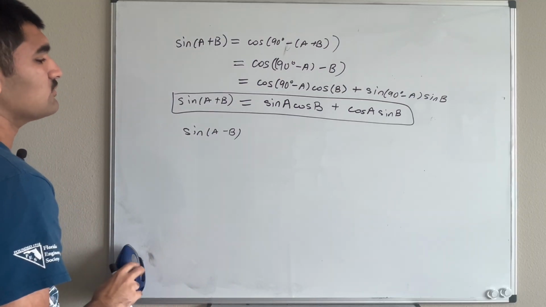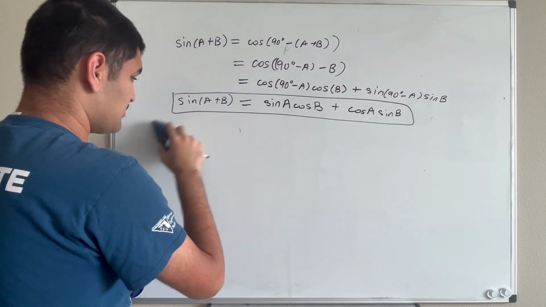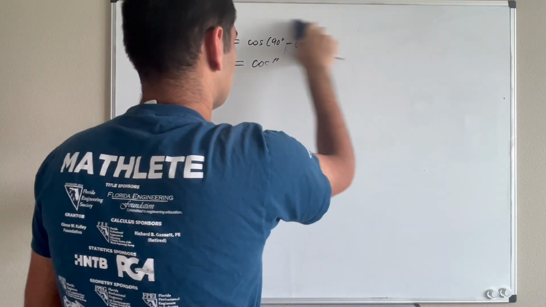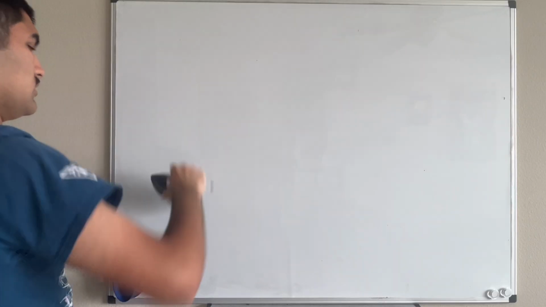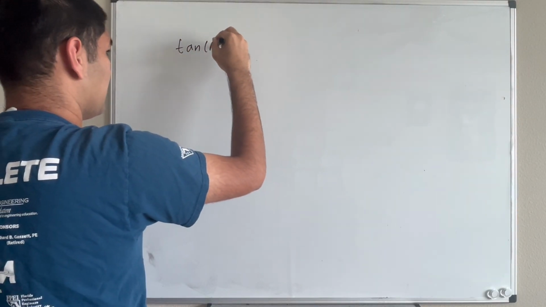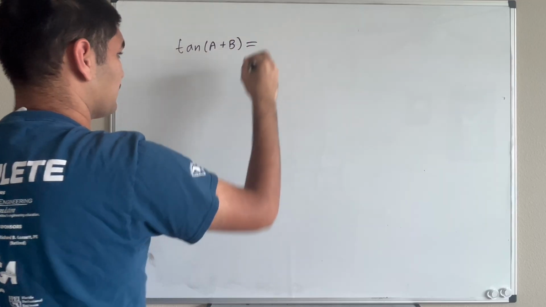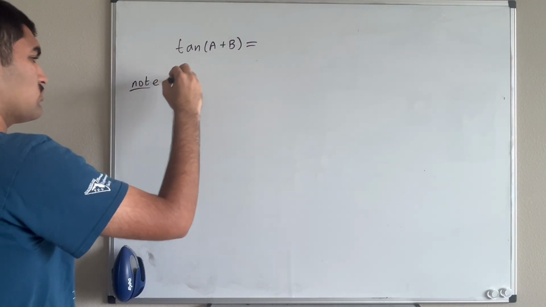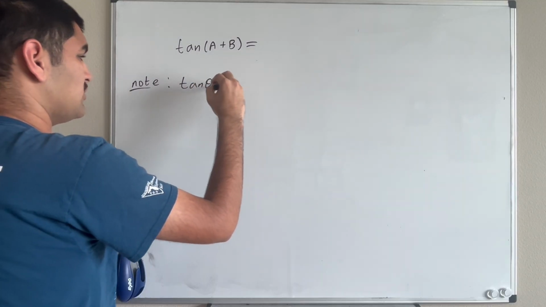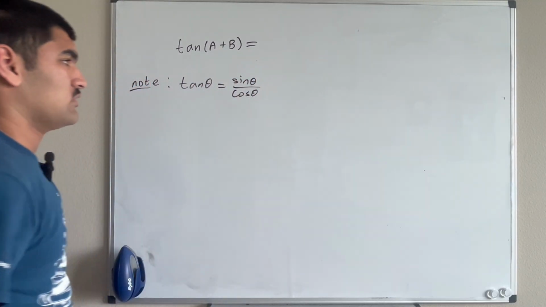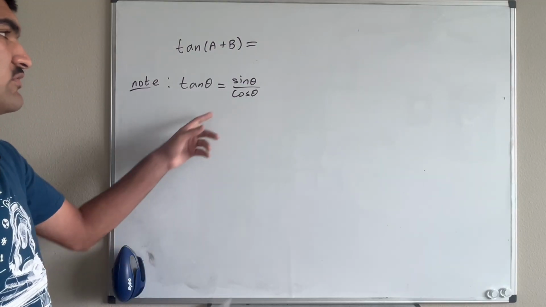And then finally, we have tangent. Okay? So now we must derive the identity for tangent of A plus B. Just recall that tangent of theta is equal to sine over cosine, right? So we're going to use the exact same principle here.